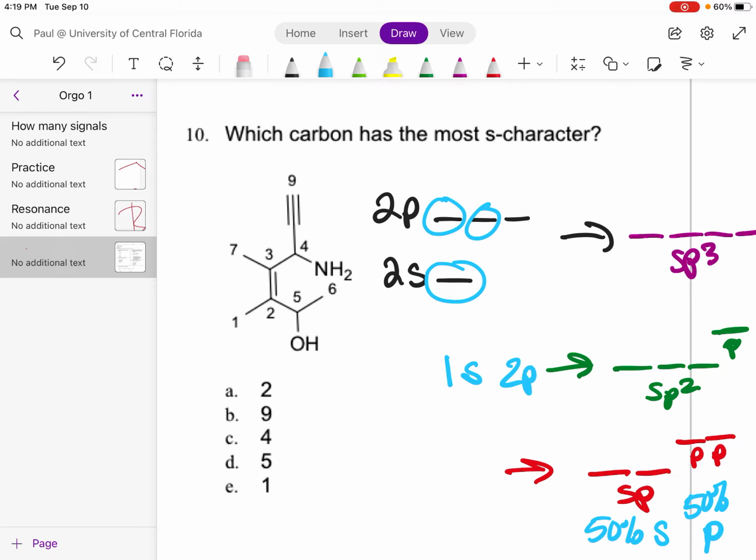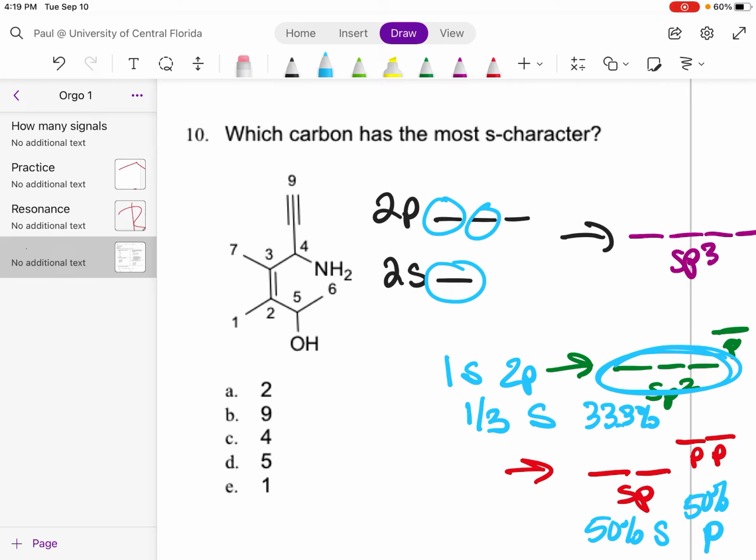So that is 1/3 of S. So of the 3 total orbitals used, 1 S was used. So that's like a 33.33333% S character. So those orbitals right there have 33% S character.